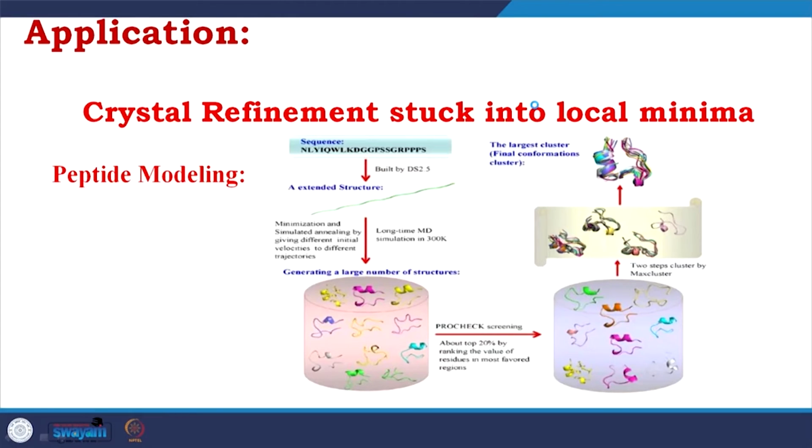Then it generates a large number of structures, and the whole structure assemblies go through the project screening, where about top 20% by ranking the value of residues in most favored region. So, you have all possible of them and you get the 20%. Now, you do the clustering and you get the largest cluster to be chosen as final conformation peptide. So, in that way simulation based peptide modeling would be used.